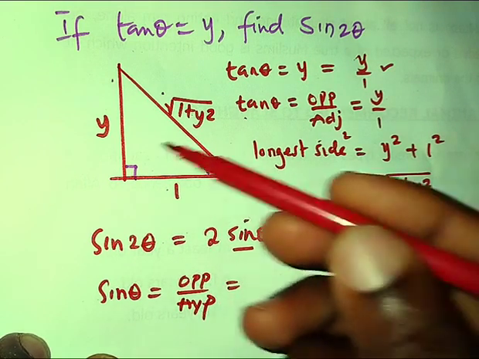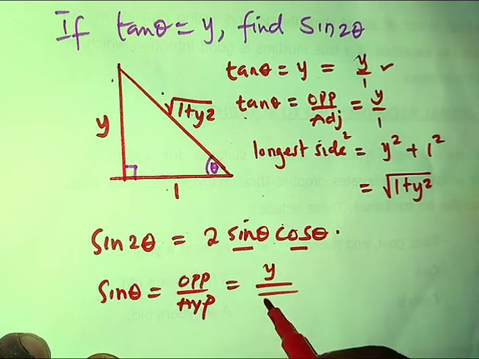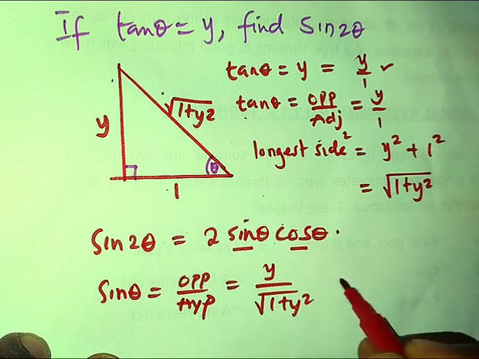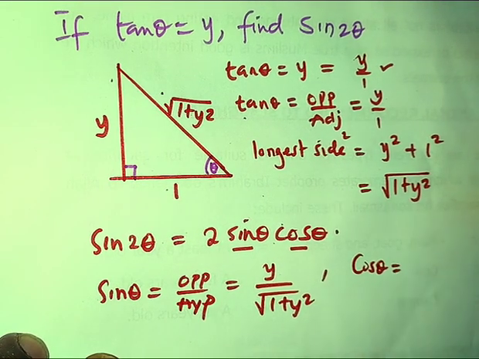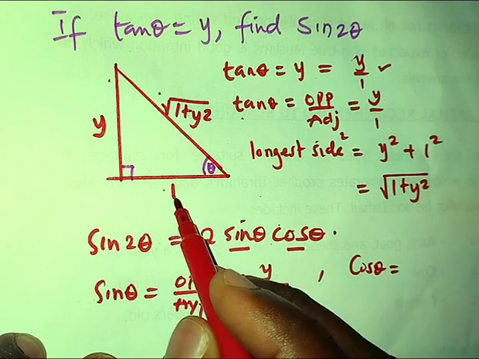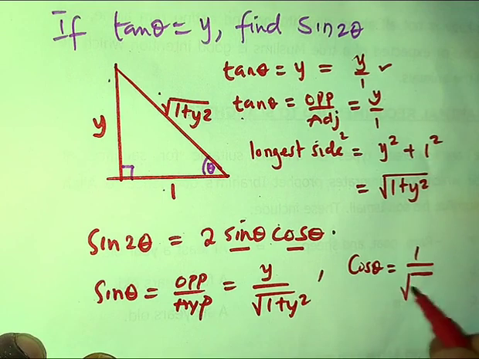My opposite to the theta is y, and the hypotenuse is square root of 1 plus y squared. Then cos theta is adjacent over hypotenuse, that is 1 over the square root of 1 plus y squared.